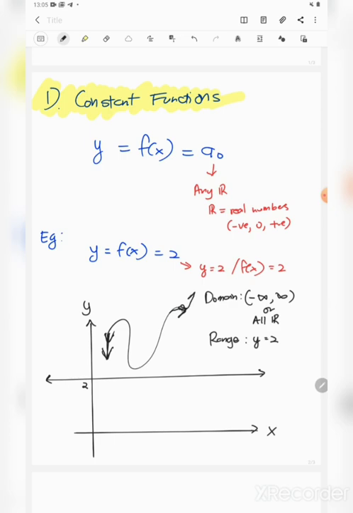Let's say the graph goes up like this. That means the graph goes to negative infinity and then to positive infinity. This is the pattern where the graph covers negative infinity and positive infinity. But in our graph now, we have a constant graph where the graph sticks on the line y = 2. That's why the range is y = 2.